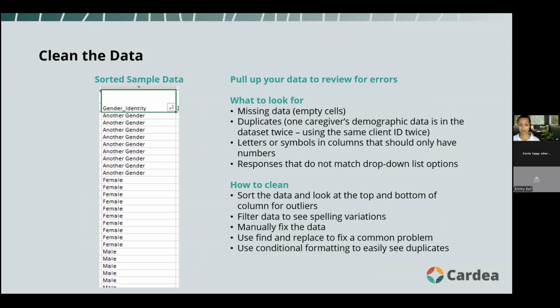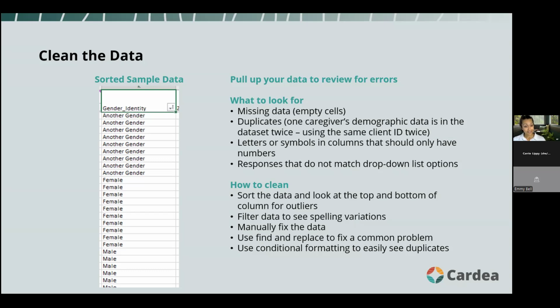So maybe one person's demographic data is showing up in the data set twice. Letters or symbols in columns that should only have numbers. You might also be looking for responses in a column that don't match a pre-existing list of what your response options should be. And we'll show some examples of what that looks like.